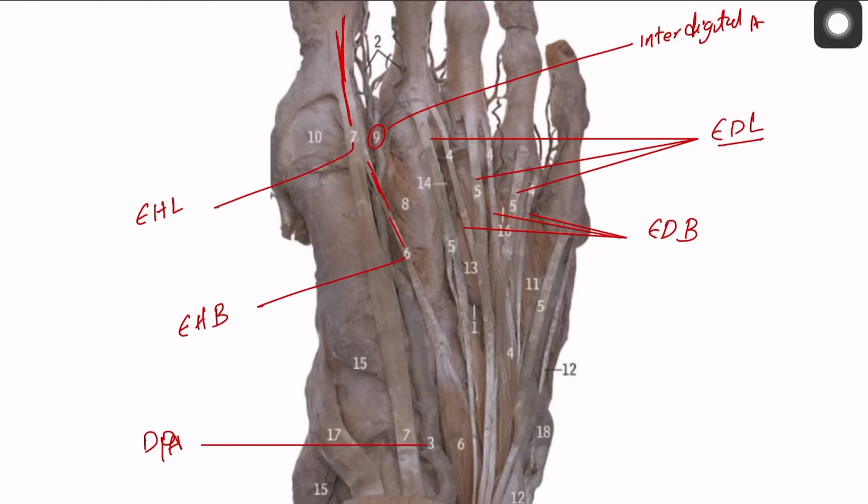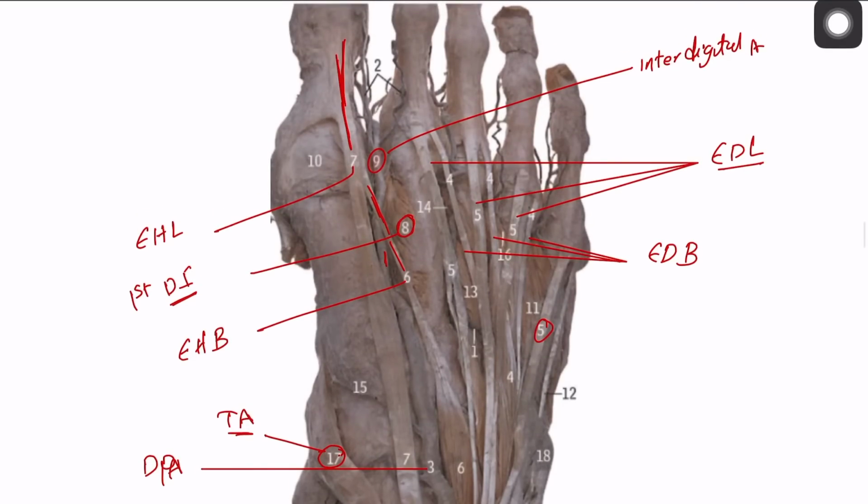Okay, and of course it will start piercing the first dorsal interossei, which is number 8, the first dorsal interosseous muscle, pierce it to be the deep plantar artery, which is from there, and also it will form the arcuate artery as well, if you remember from the last diagram. Obviously 17, you're on the medial side. This is the tibialis anterior muscle, and still 5 will be the extensor digitorum longus muscle.